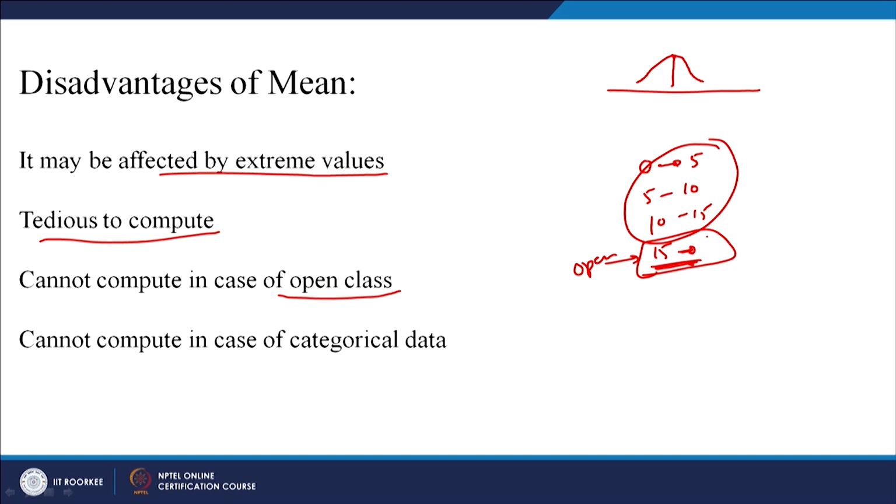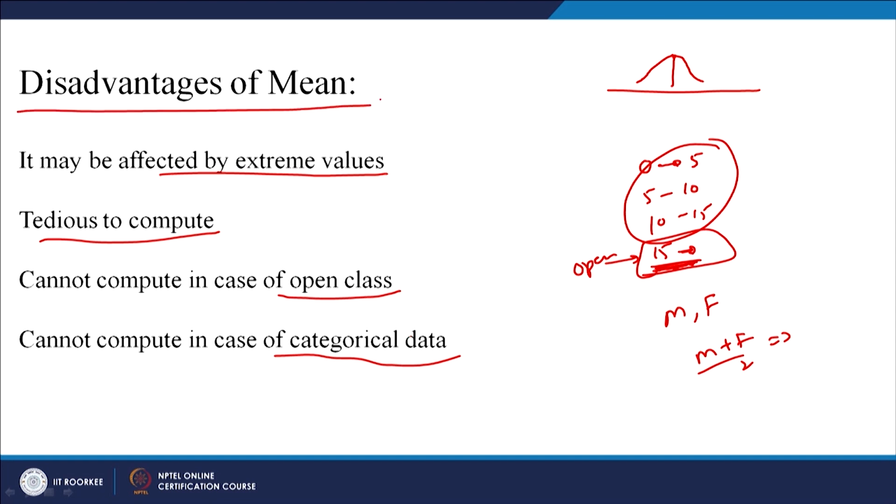Now, it can be 15,000, right. So, you cannot compute the mean if your mean is falling in this class. And it cannot be calculated for categorical data, is it not? What is categorical data? Let us say male and female, right. You cannot have a mean of male and female, right, you will not get any answer, right. So, these are a couple of disadvantages of mean.